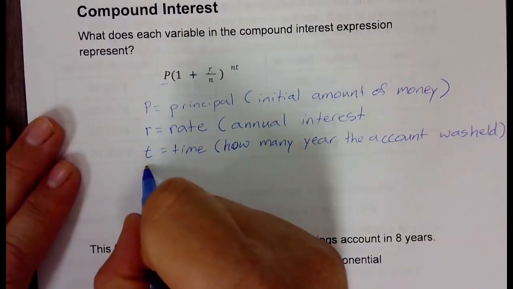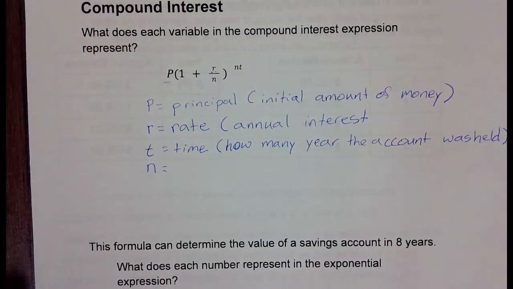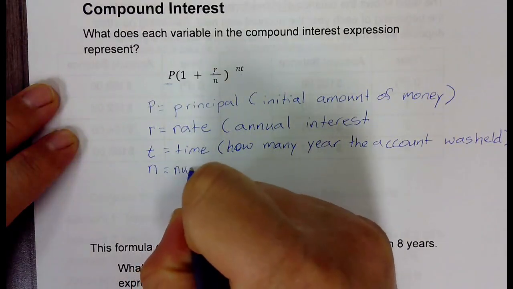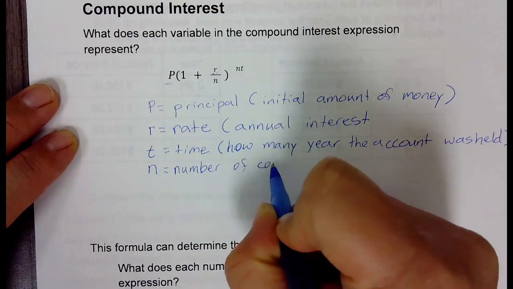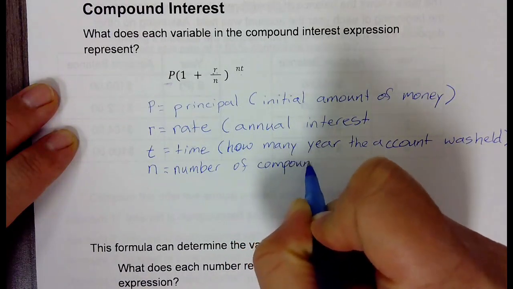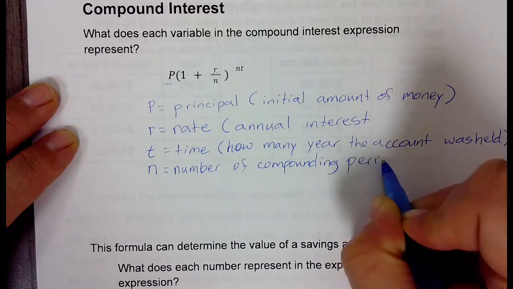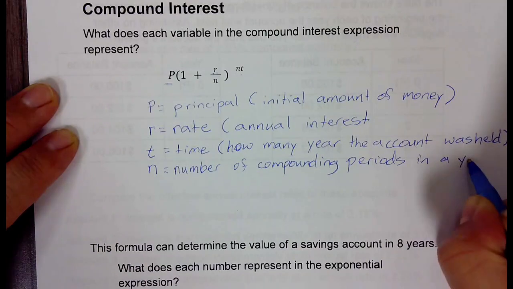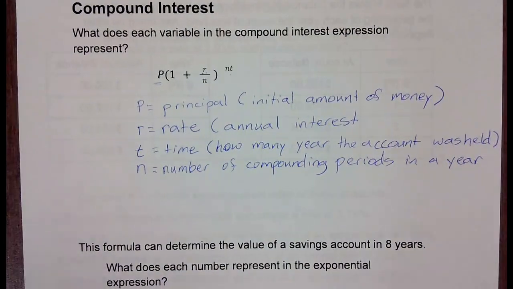And then we're going to look at N. N being the number of compounding periods in a year. So accounts compound at different numbers of times during the year.